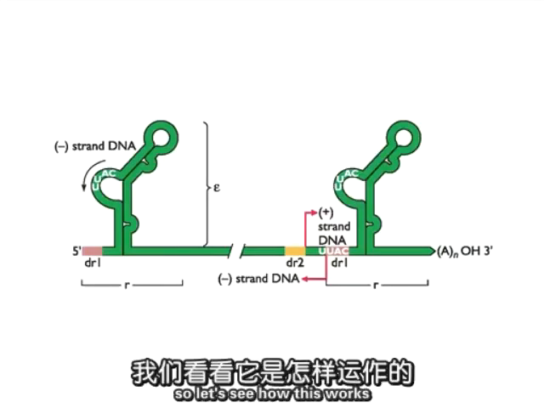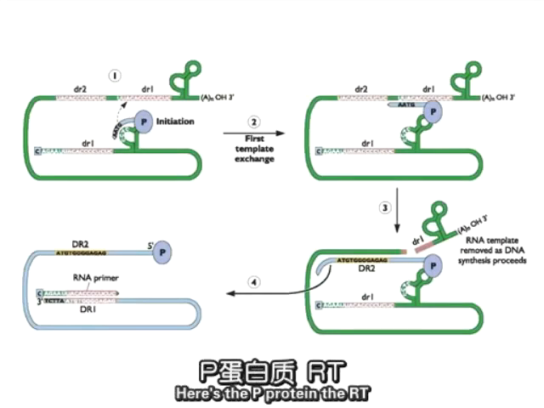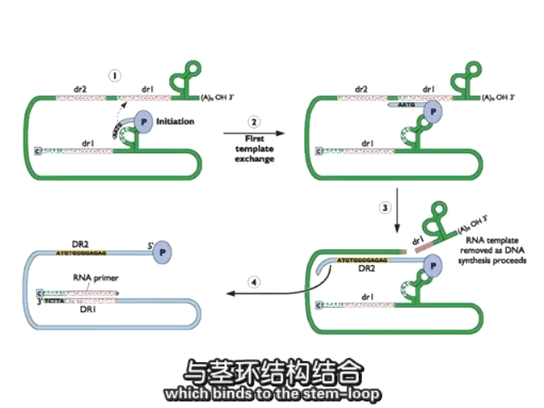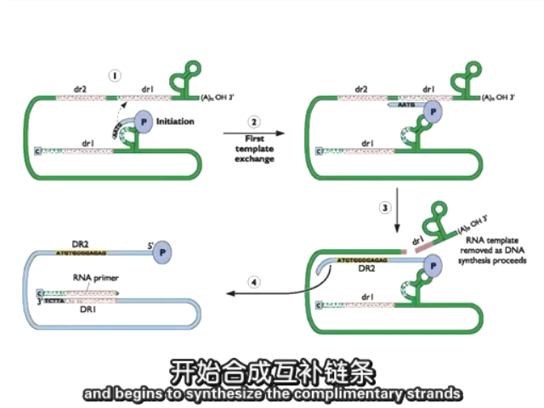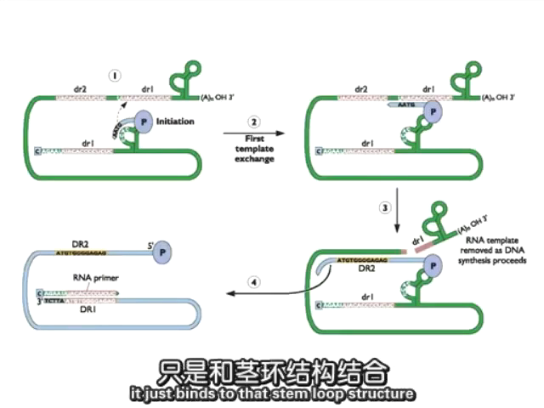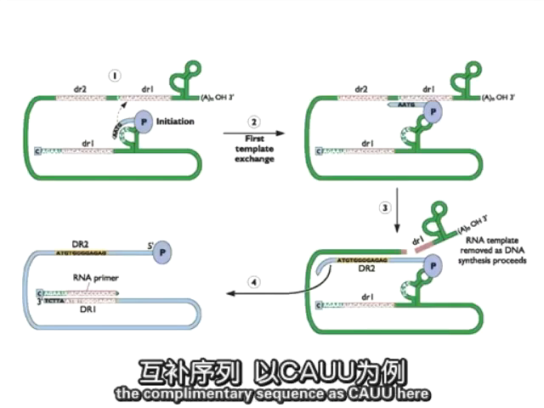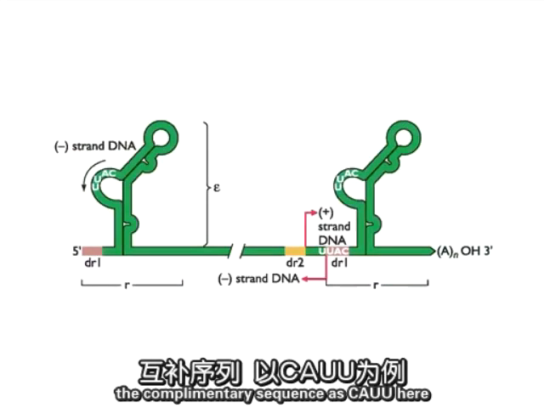So let's see how this works. This structure is right here. Here's the P protein, the RT, which binds to the stem loop and begins to synthesize the complementary strands. It doesn't need a primer like the retroviral RT. It just binds to that stem loop structure and begins to synthesize this sequence, the complementary sequence to this CAUU here.